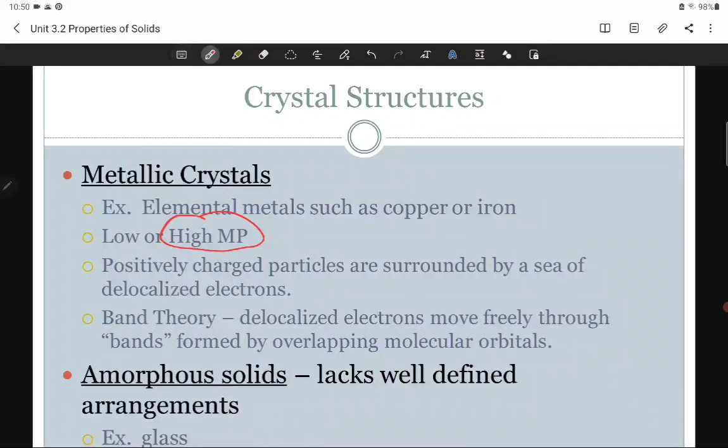We talked about the sea of delocalized electrons in that conduction band, and that was about the band theory, and that allows it to have some properties like malleability. It's ductile. It can conduct electricity in solid form.